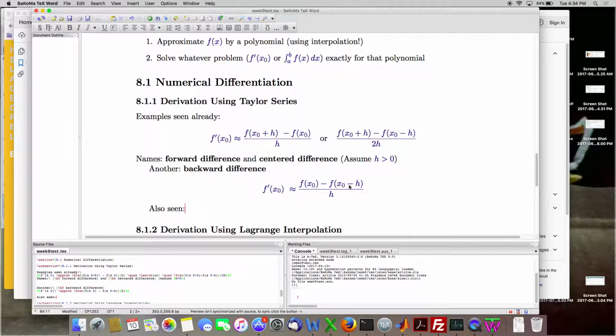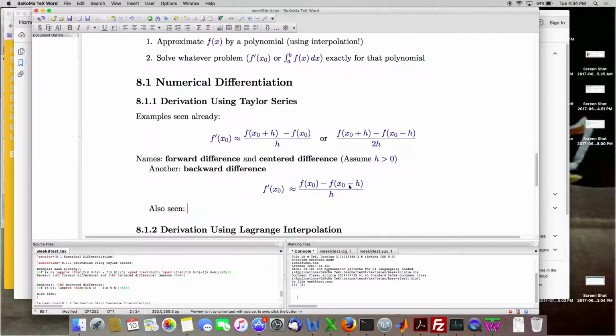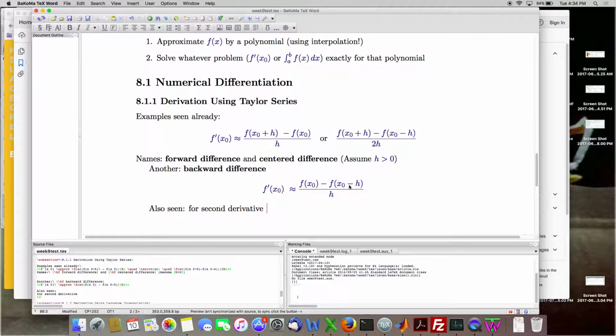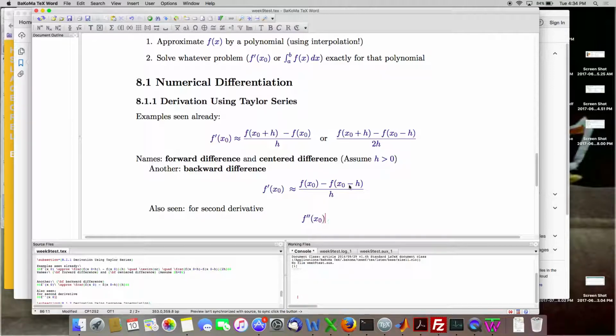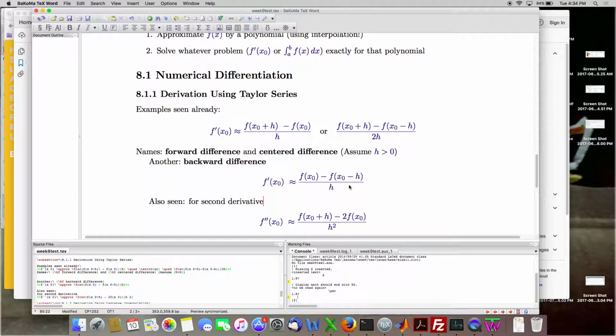Another formula that we saw, this was worked out in an example for a second derivative. And here we use, again, same function values, f of x naught plus h and I need to include one more term here.